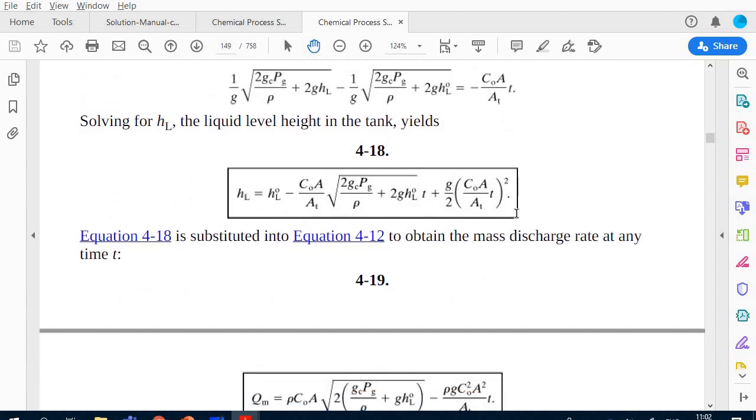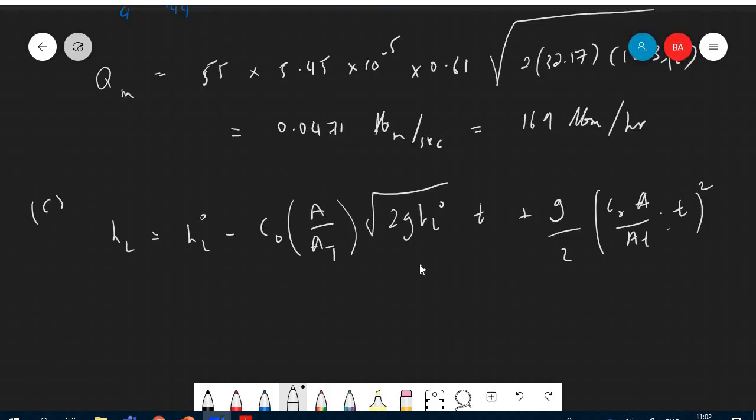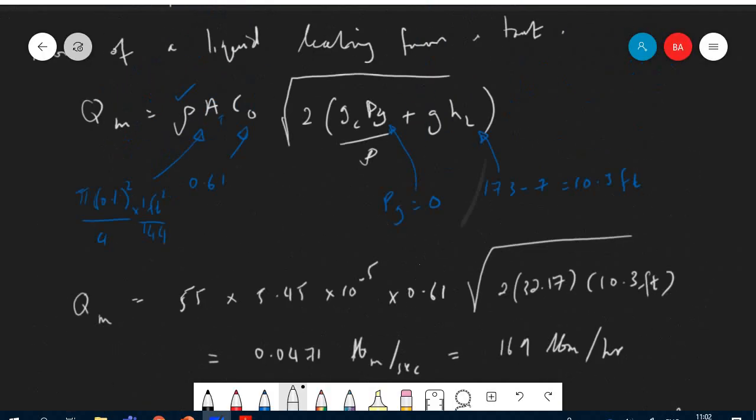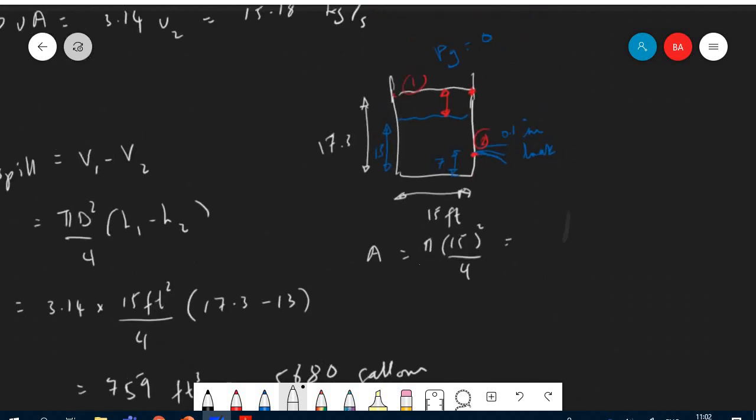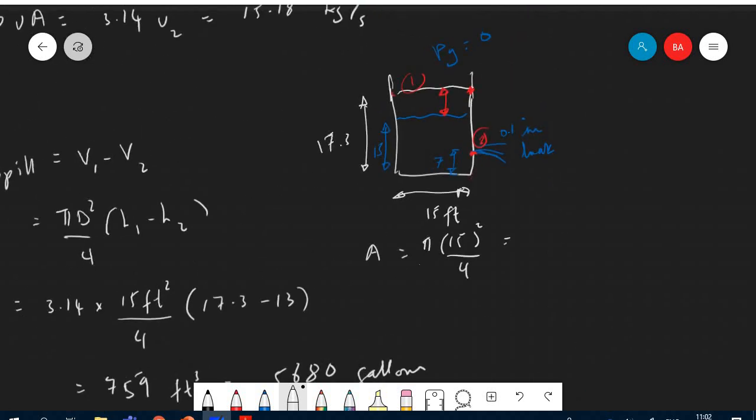So I hope that you got the idea, right? It changed from HL naught to HL. So what was HL naught and HL? That was the integration limits, right? And HL or HL naught is above the leak hole. Let me look at the red part.